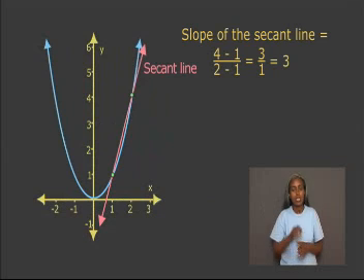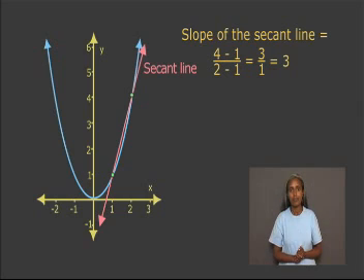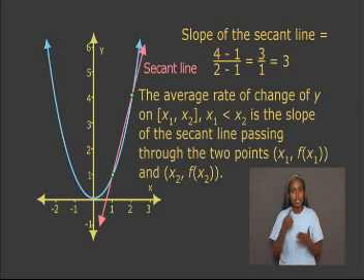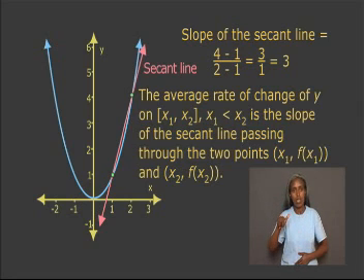The slope of the secant line is (4 minus 1) over (2 minus 1). This equals 3 over 1, or 3. This is the average rate of change of y on the interval [1, 2].